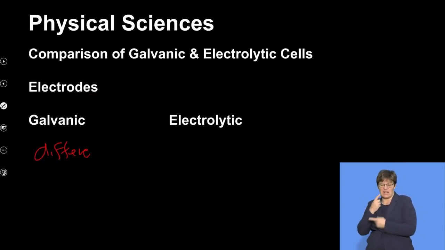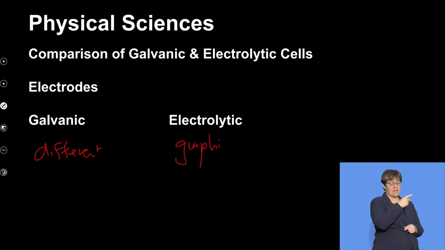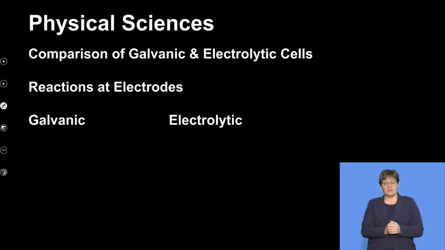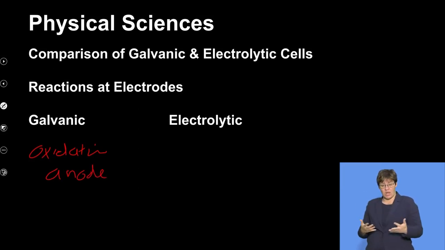They're different metals. These are usually either graphite or the same type of element. Although in electroplating we don't get that. So they do sometimes appear different. What I want you to recognize, which is very important, is that in both cells we get oxidation at the anode and we get reduction at the cathode.